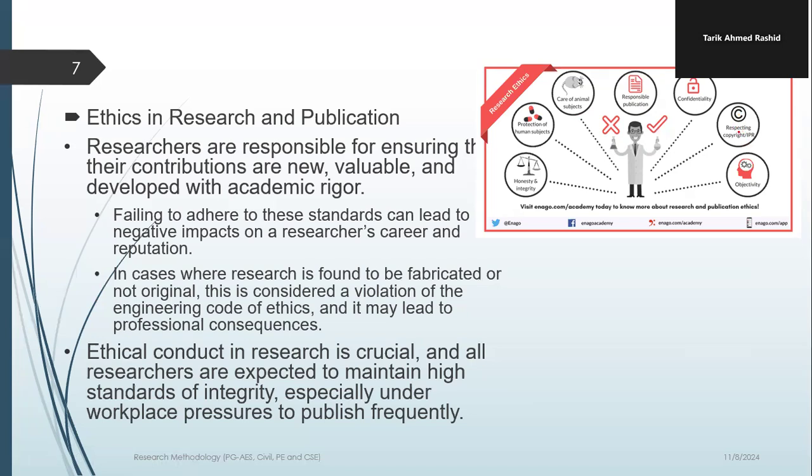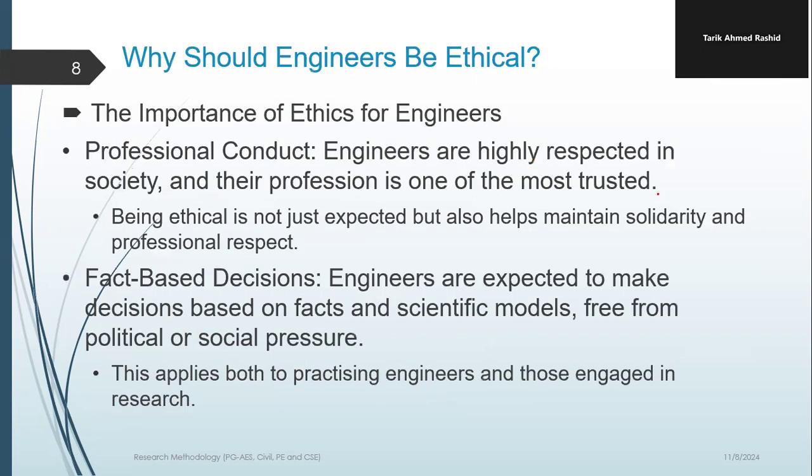You can't take a piece of information that is intellectual property or intellectual capital. You cannot use it and you cannot present it as your own. Now, on objectivity, research should be agreed by the scientific committee and experts. So we should have agreement about the research work. Now, these are today's information about ethics.